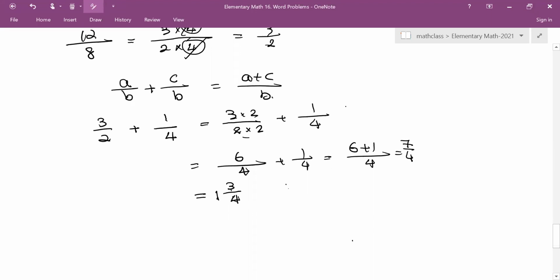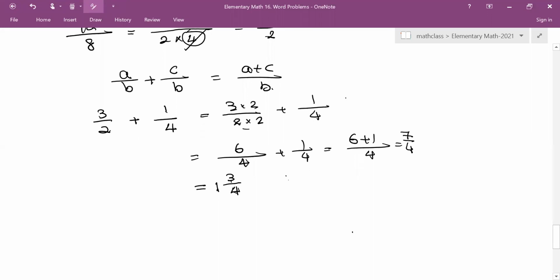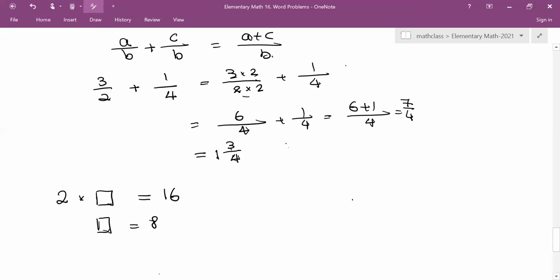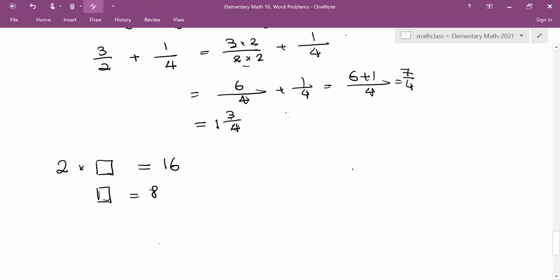Now, why do we have to study fractions? Sometimes we have to express a solution. If some number times 2 equals 16, then you already know that number is 8 because 2 times 8 is 16.